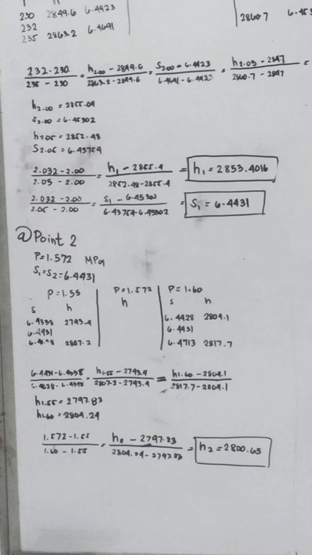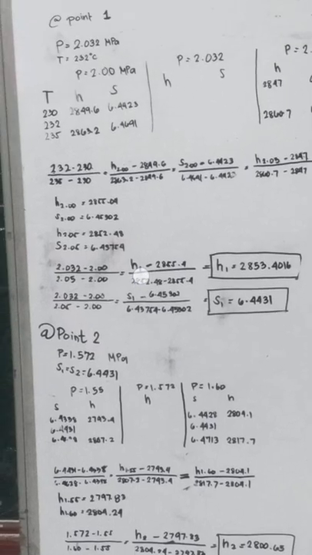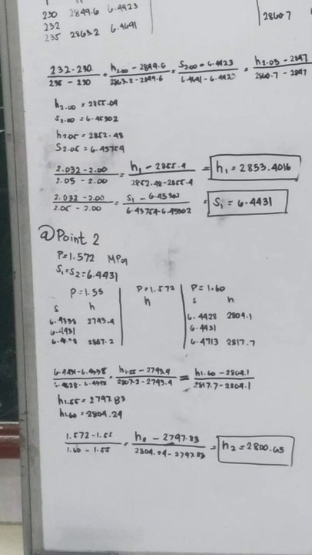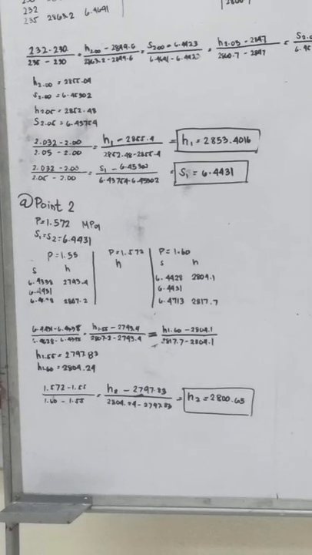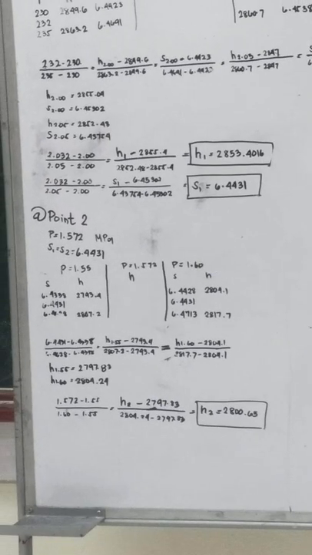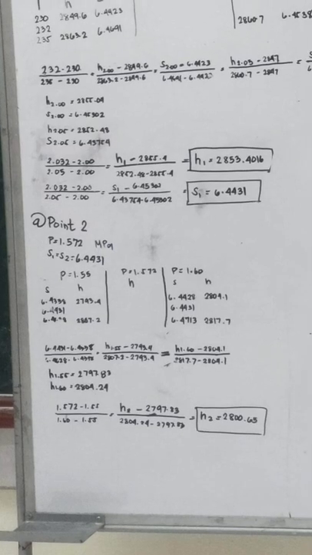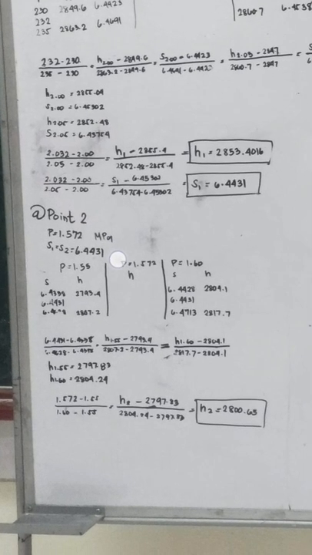At point 2, we have the given pressure of 1.572 MPa with specific entropy s2 equal to s1.